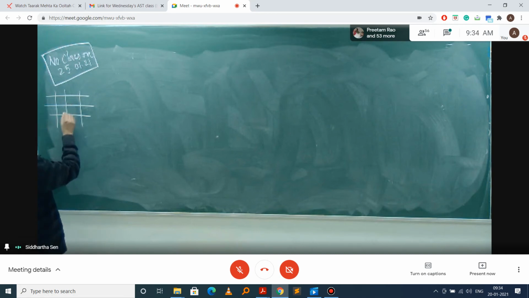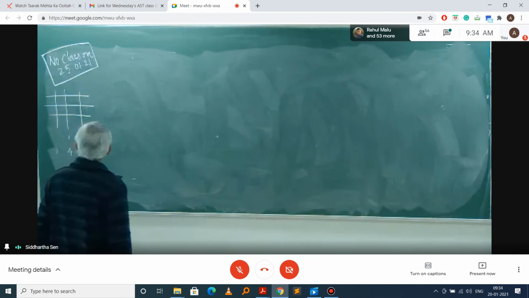Here you can say it is something like this for the weightage. All of them have got that weightage there.